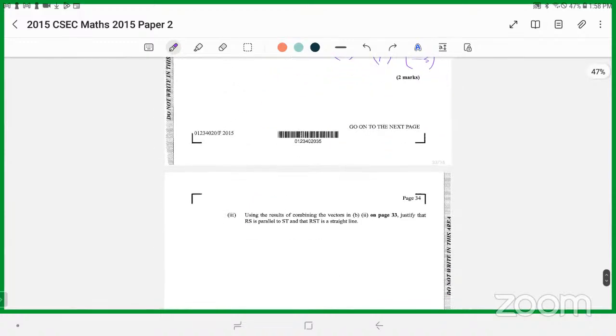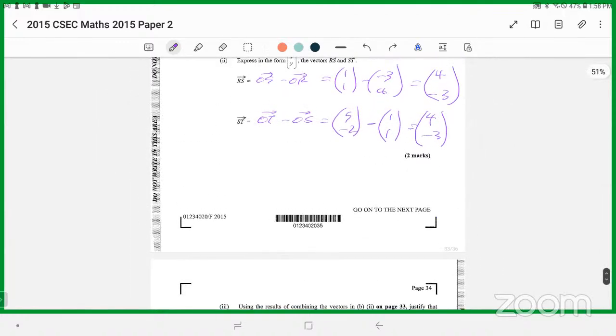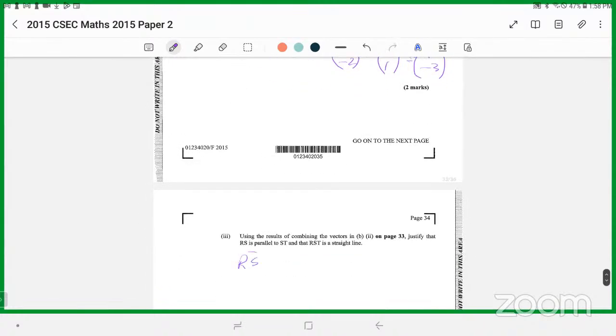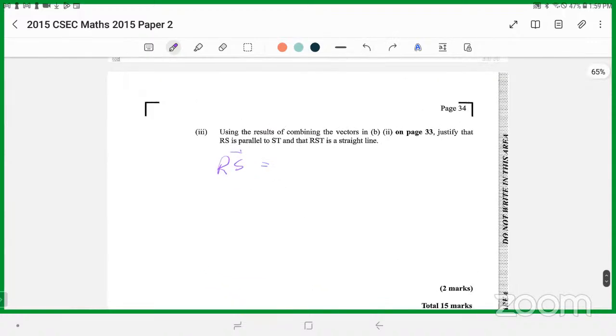It says, using the results of the combined vectors, justify that RS is parallel to ST and that RST is a straight line. So we have the two vectors, RS equals ST. They're actually equal vectors.